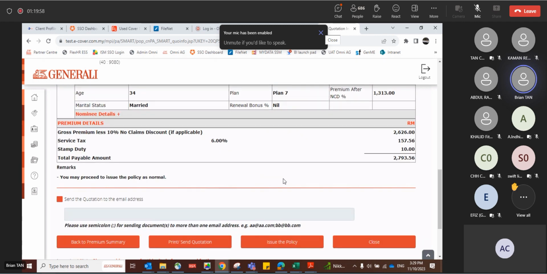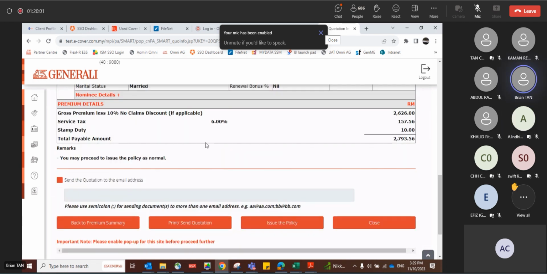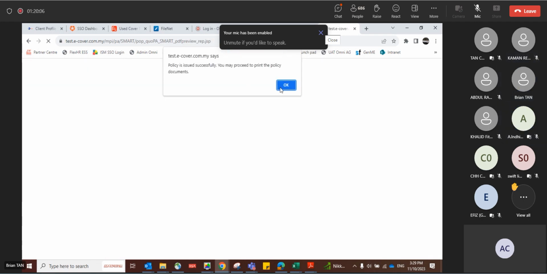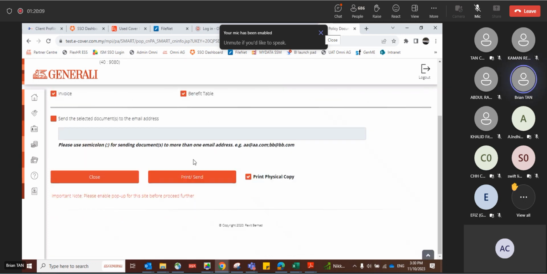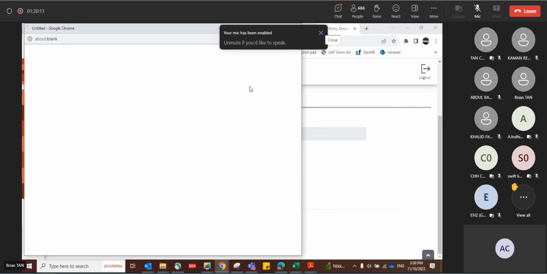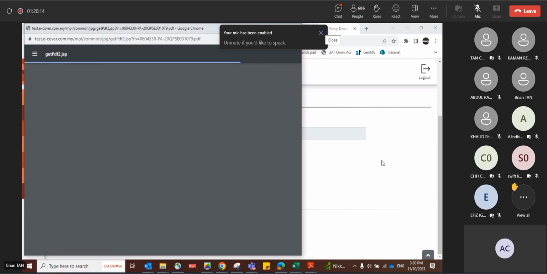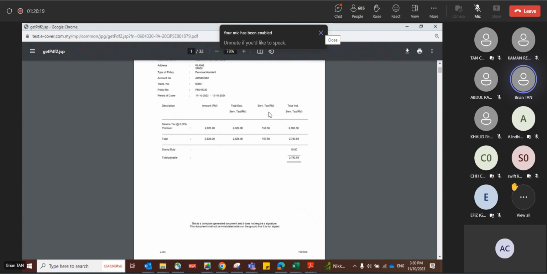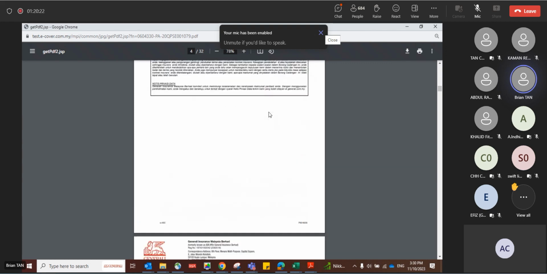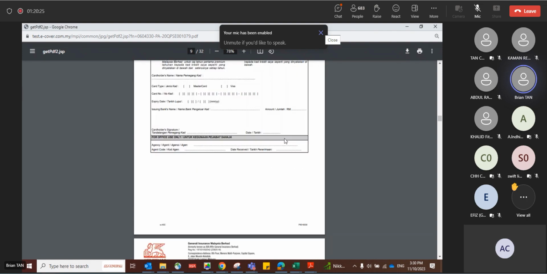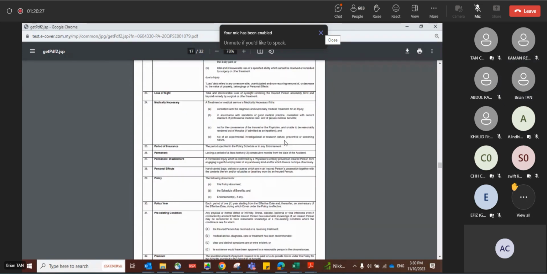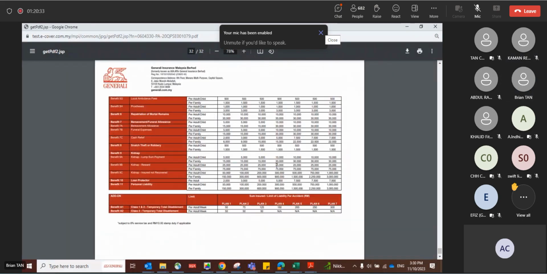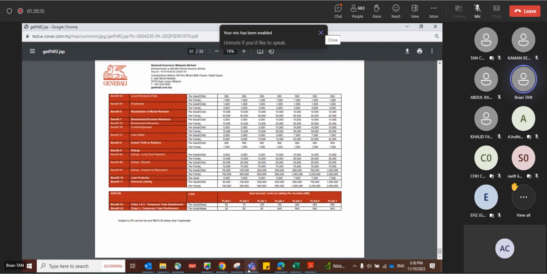Right? This one is standard risk, so you can issue straight away. This is a sample of the policy. Okay, done.